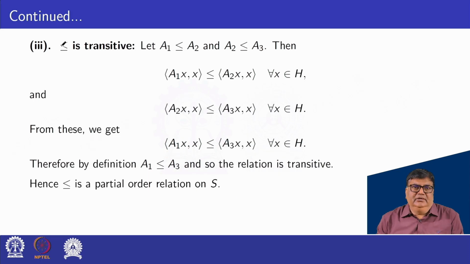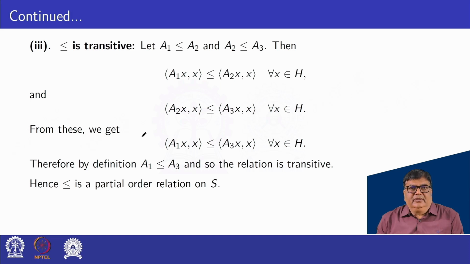Third, the relation ≤ is transitive. Let A1 ≤ A2 and A2 ≤ A3. Then the inner product of A1x and x is less or equal to the inner product of A2x and x. Similarly, the inner product of A2x and x is less or equal to the inner product of A3x and x.